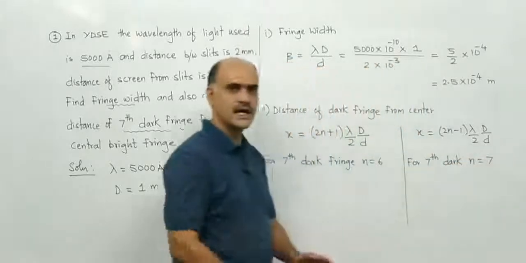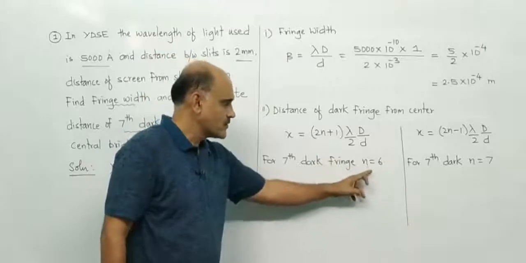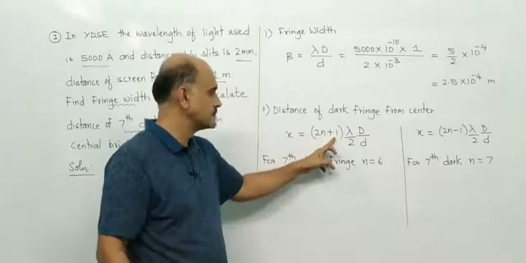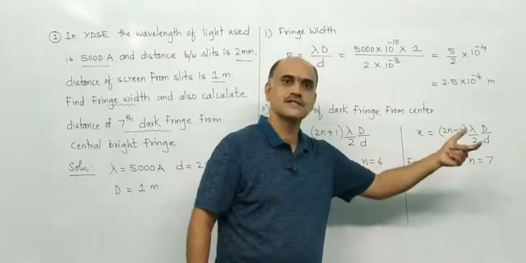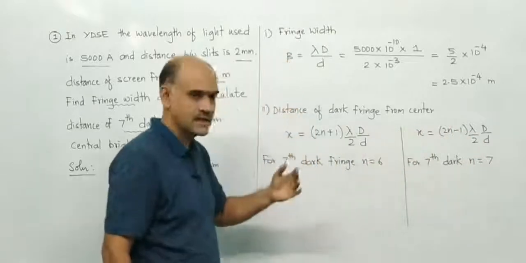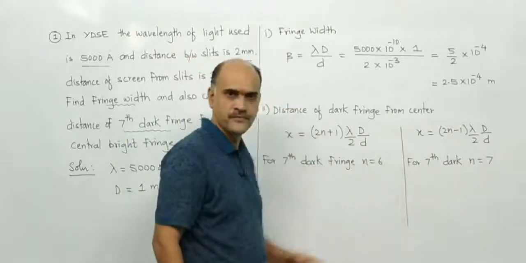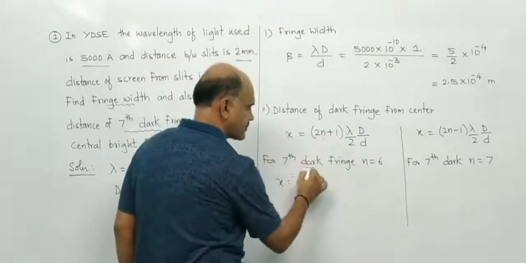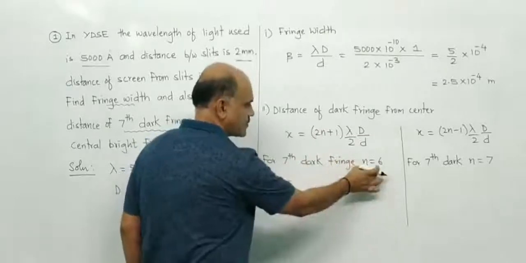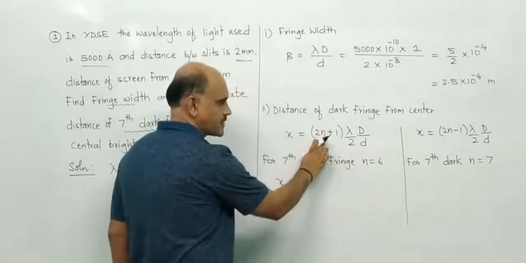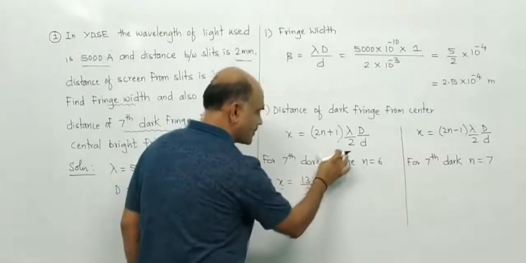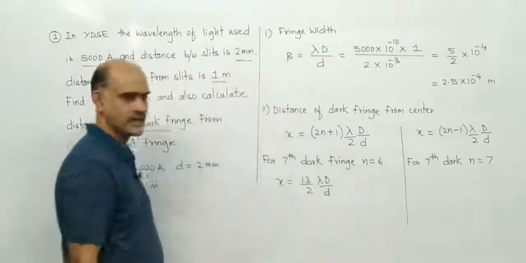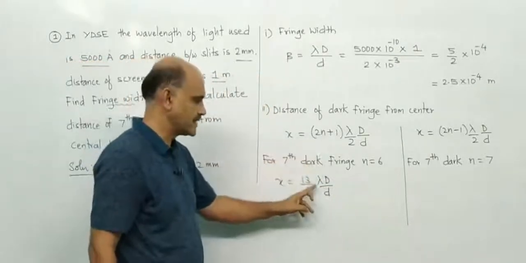The answer you will get is the same. If you substitute, 6 into 2 is 12 plus 1 is 13, and here 7 into 2 is 14 minus 1 is 13. So both are the same, whichever you want you can use. So x is equal to 13 by 2 into lambda capital D by small d.